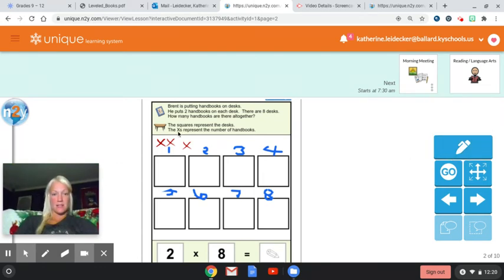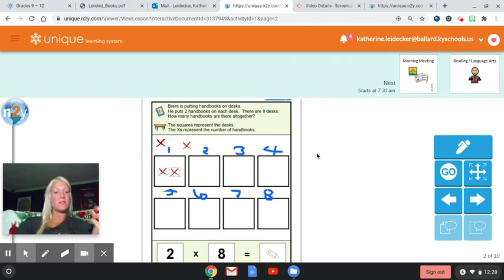Now it says the squares represent the desks. So here are our desks, and there are 8 of them. And the X's represent the number of handouts. So that would be saying there's 8 students. Each student is going to get 2 handouts. So move your X's down. 1, 2.